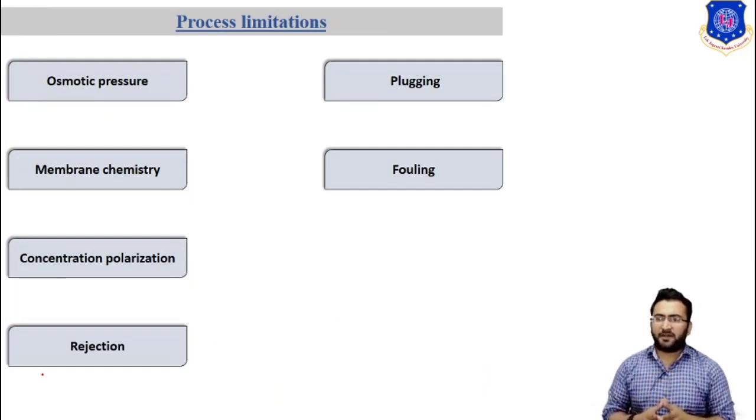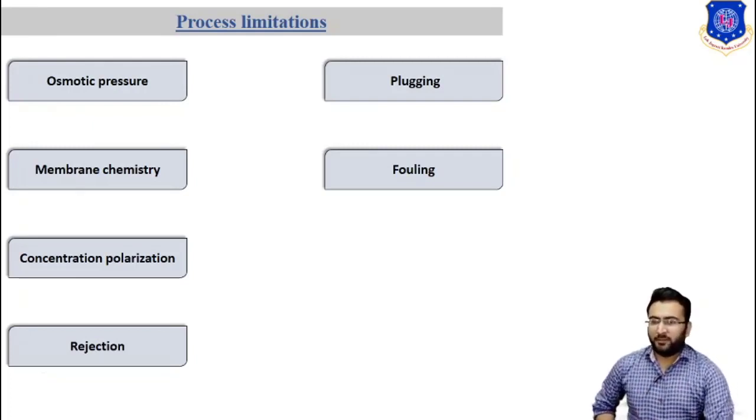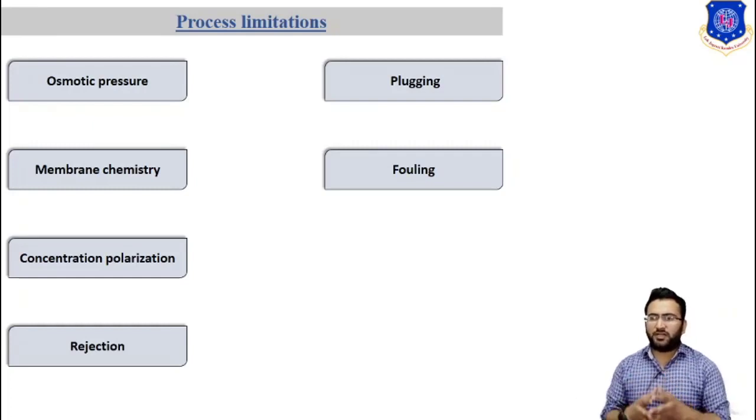Now let us discuss various process limitations for the nanofiltration membrane. There are various limitations for the nanofiltration membrane separation process, such as osmotic pressure, membrane chemistry, concentration polarization, rejection, clogging, and fouling. So let's first discuss osmotic pressure.